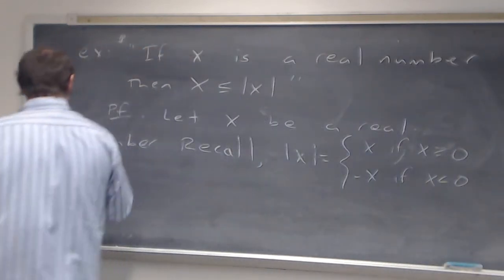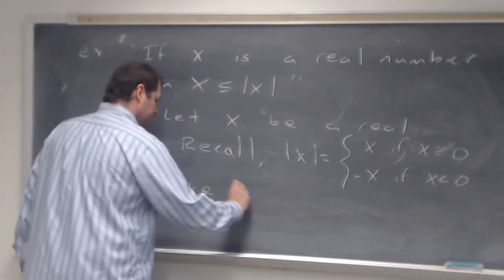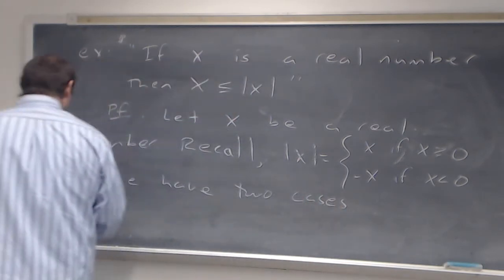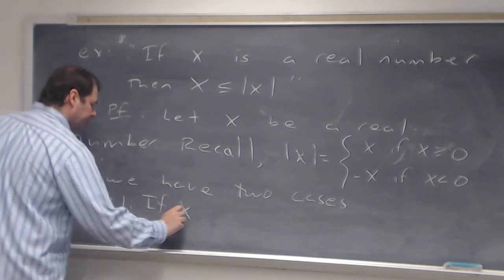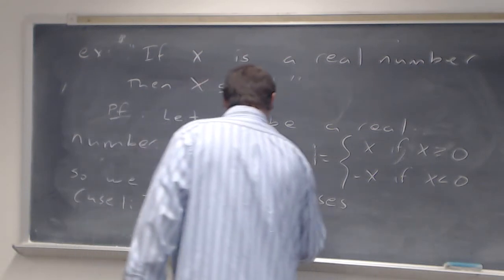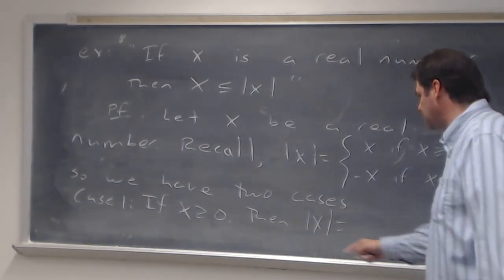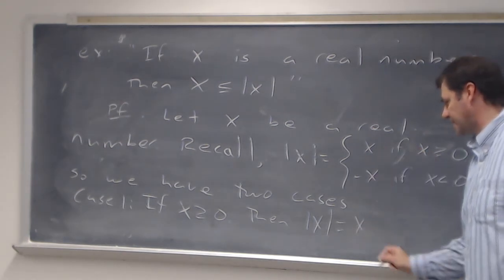So we will consider two cases. Case 1 will be if x is greater than or equal to 0. Then the absolute value of x, if x is greater than or equal to 0, is itself, it's just x.